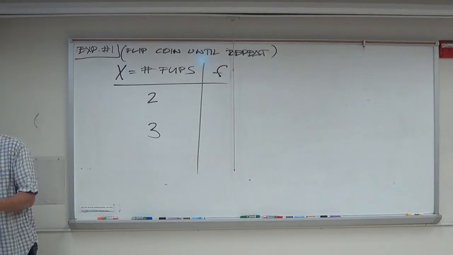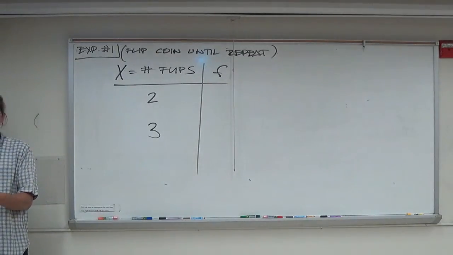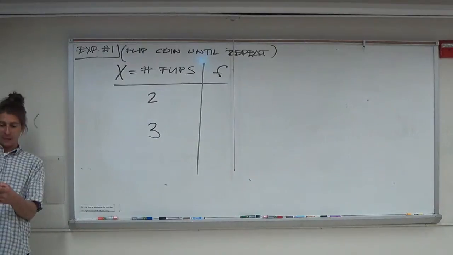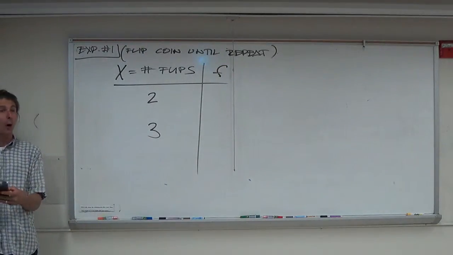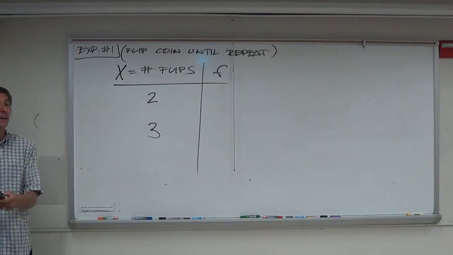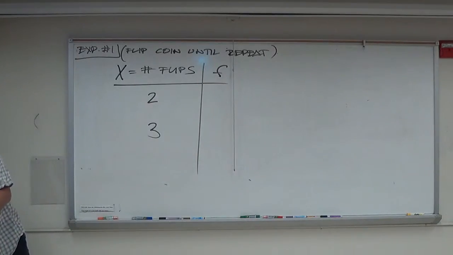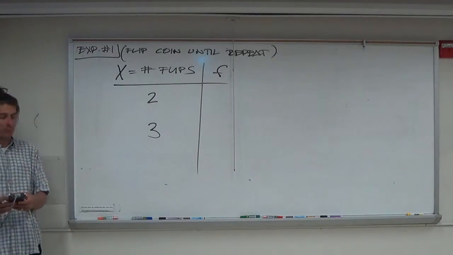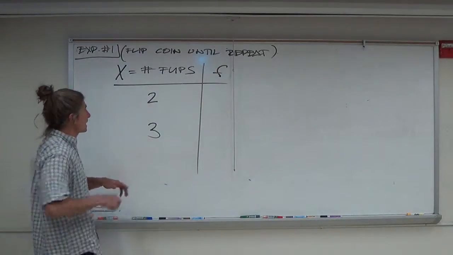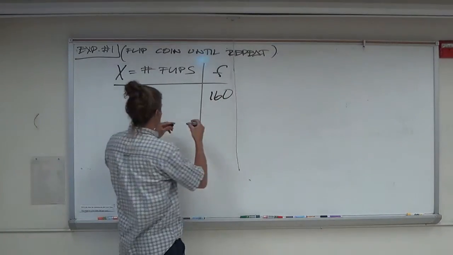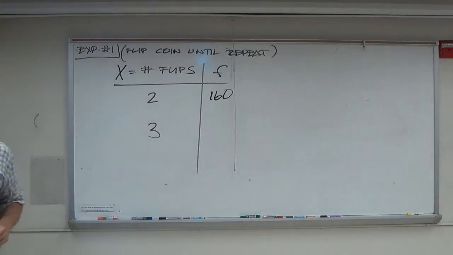Brady, how many you got? Oh, 7. Plus 7 plus 5 plus 6 plus 5 plus 7 plus 4 plus 5 plus 5 plus 5 plus 5 plus 4. Thank you, my friends. That's 160. That's 160 times we saw you guys need 2 flips.